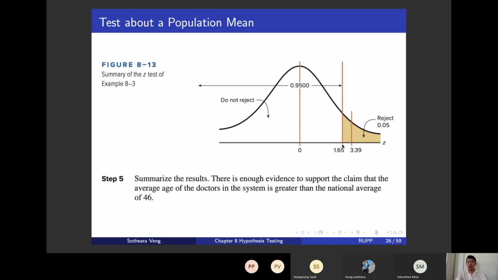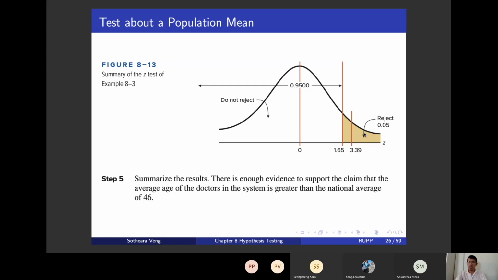So again, if you look at the critical value and the test value, you will see that the test value falls inside the rejection region, or in other words, it is greater than the critical value. So you have to reject the null hypothesis.